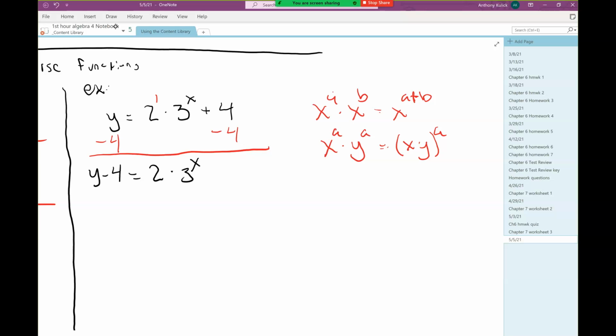How am I going to get the 2 over there? Is the 2 being added? Let's divide it, because the 2 is being multiplied, right? Everybody's okay with that notion?